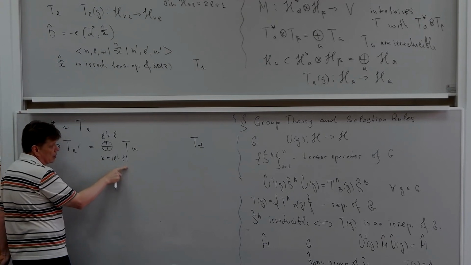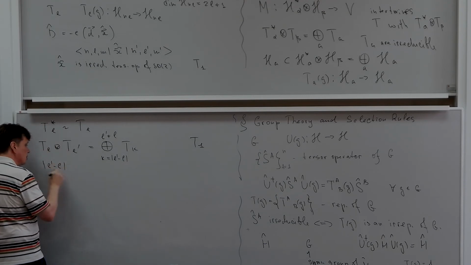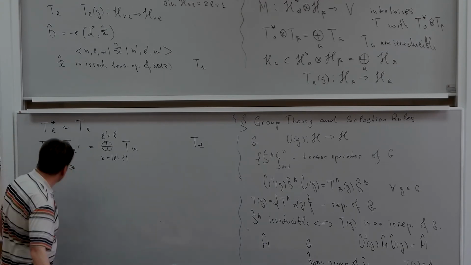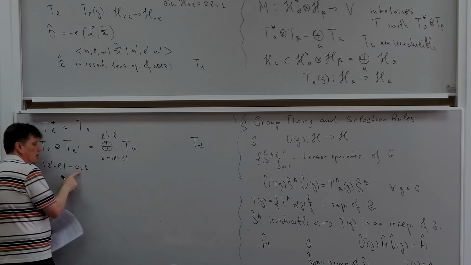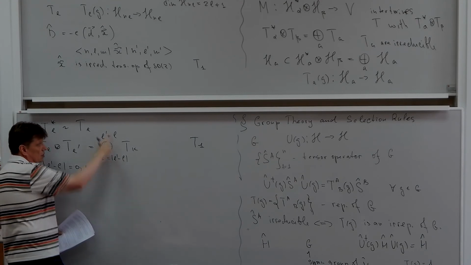So we can find T_1 here only when this difference takes values either 0 or 1.